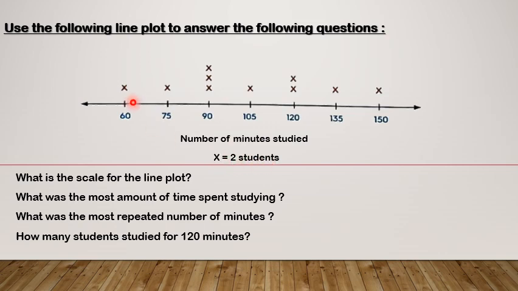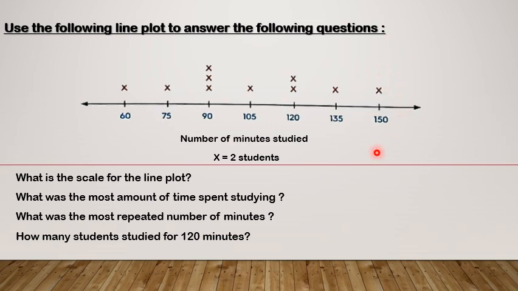So your key means that 2 students studied for 60 minutes, 2 students studied for 75 minutes, and here 2, 4, 6 students studied for 90 minutes. Here 2 students studied for 105 minutes, 2, 4 students studied for 120 minutes, 2 students studied for 135 minutes, and 2 students studied for 150 minutes.